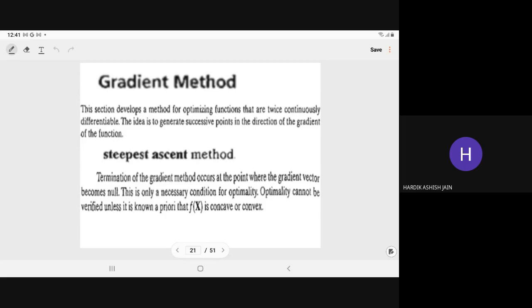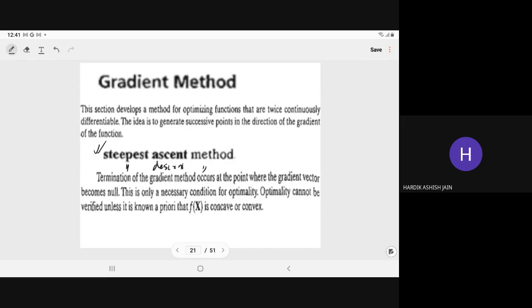The idea is to generate successive points in the direction of the gradient of the function. Here we follow the path where we have the fastest rate of increase or fastest rate of decrease. For each point we compute the gradient. The method is known as the steepest ascent method or steepest descent method. Generally, we apply steepest ascent for maximization problems and steepest descent for minimization problems, but we can apply both methods for both types of problem.